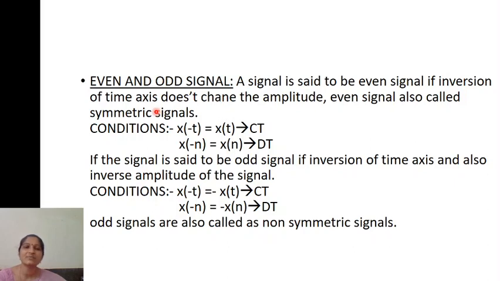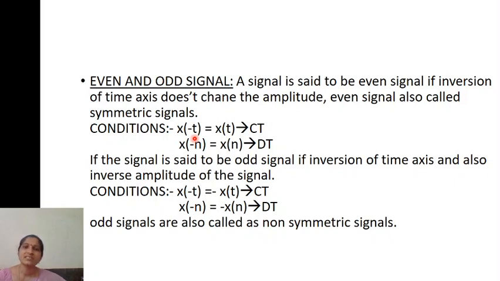Take for example, for even signal you can consider the cosine function. Suppose cos t is the signal here. In place of t you substitute minus t. So cos of minus t is also cos t only. So if you replace the time with minus t, you are getting the same function. So that is called the even signal.